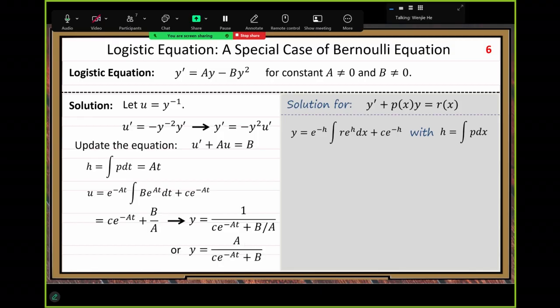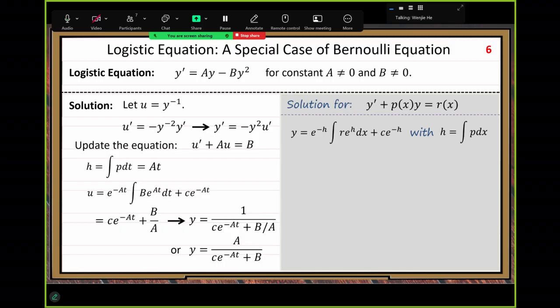So you can further write it in this way. Capital A and capital B are given non-zero constants; at the beginning, we assume both are non-zero. But this little c is a constant that you can change. Every time you choose one specific little c, you get one solution we call a particular solution.